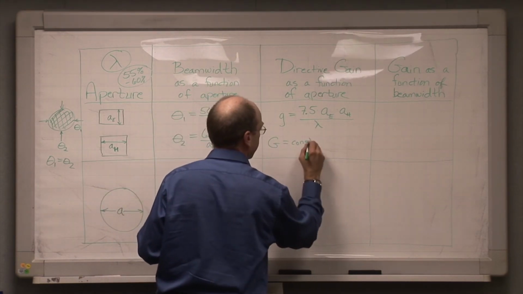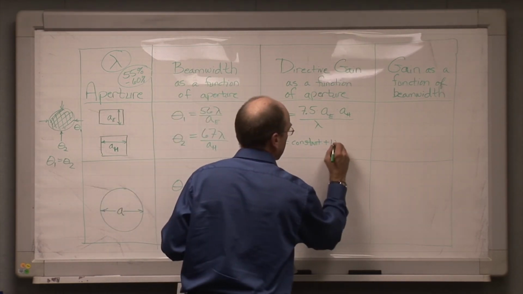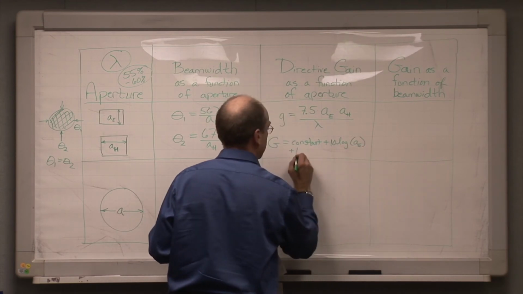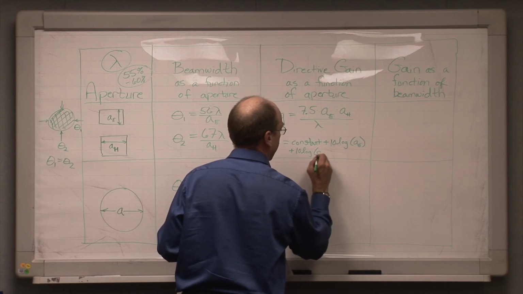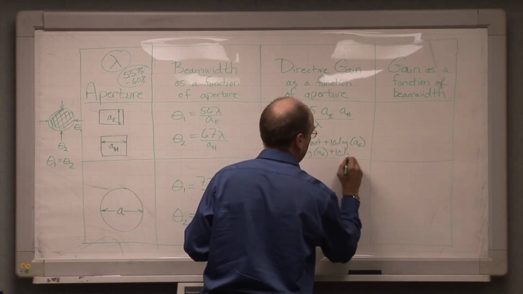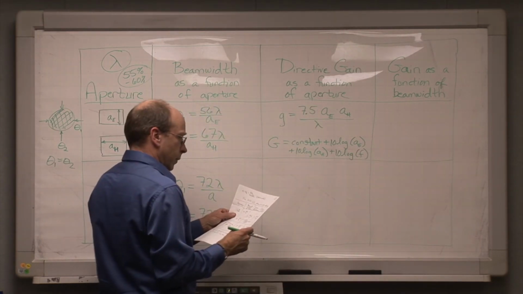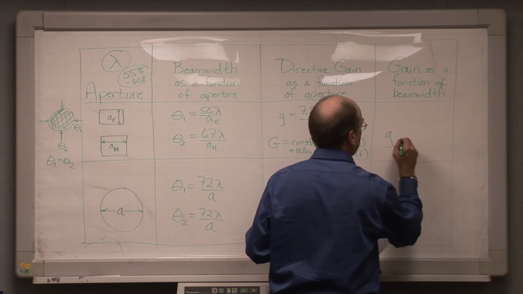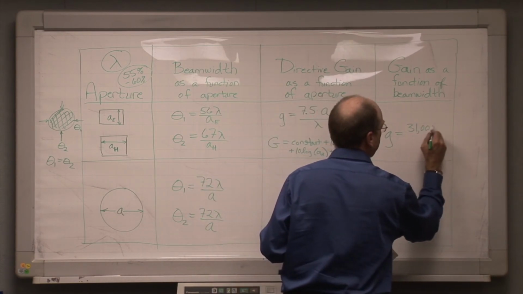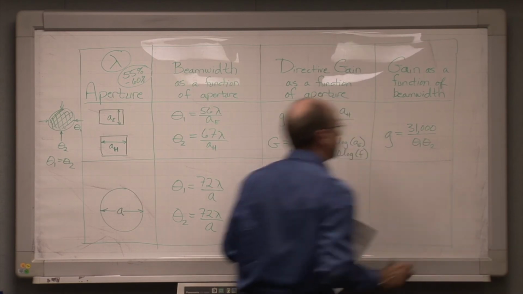We just take 10 log of G. It's going to be equal to some constant plus 10 log of A sub E plus 10 log of A sub H plus 10 log of F. And finally, if we want to look at the gain as a function of these beam widths, it turns out it's equal to about 31,000 divided by the product of the beam widths theta 1 and theta 2.